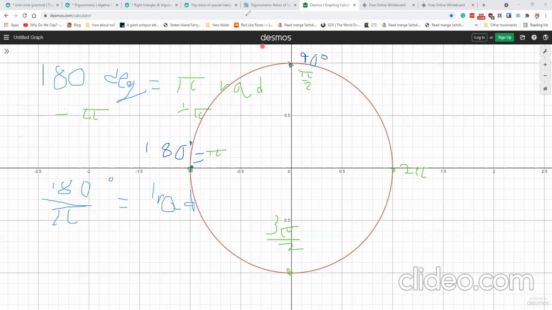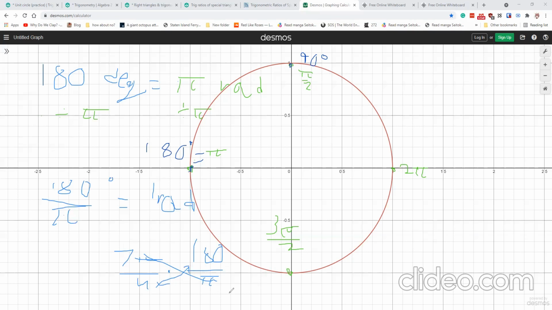And therefore, let's say we want to do 7 pi over 4 radians. Then 7 pi over 4 radians would be equal to 7 pi over 4 times 180 over pi. And so in this case, the 2 pi's would cancel out. And then we get 7 times 180 divided by 4. 180 divided by 4 is, what is that?